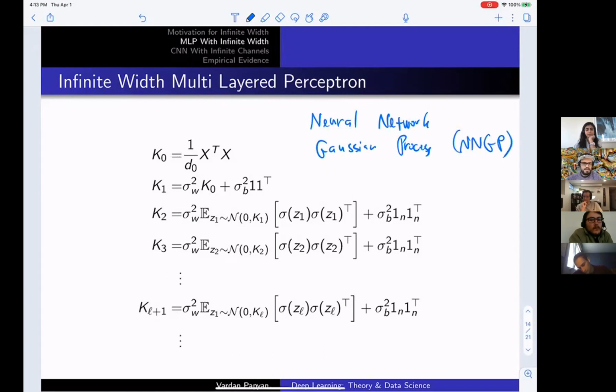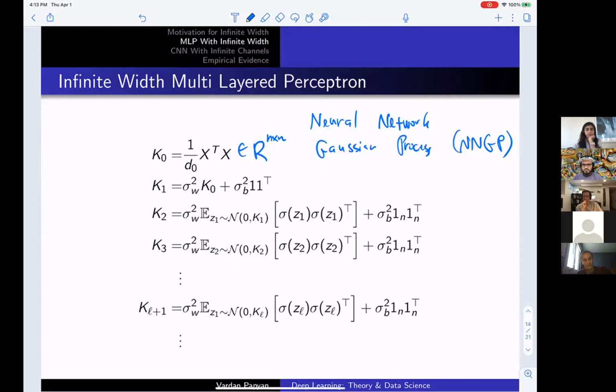Basically, the idea of the NNGP is that you construct a Gram matrix, which is of sample size by sample size, let's say n by n, of your input data. So it's like your images.